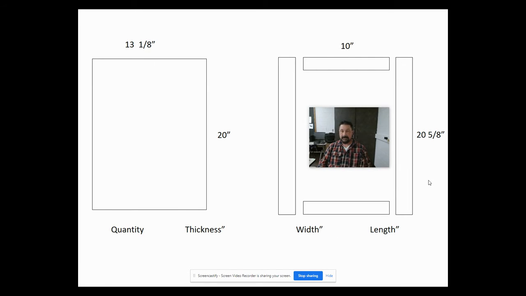So to figure out the actual cut list for this one, we need 2 pieces. They're still going to be 3/4 thick, 2 1/4 wide, and 10 inches long. And obviously the next line is going to be 2 for a quantity, 3/4 thick, 2 1/4 in width, and 20 and 5/8 in length.